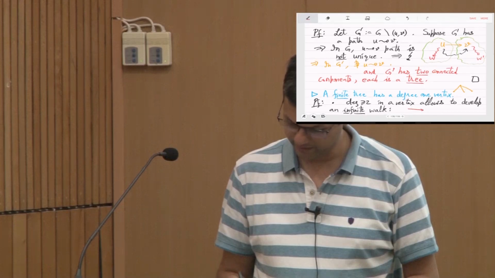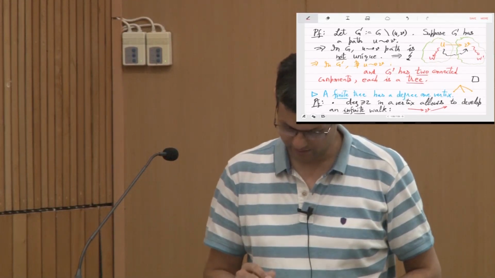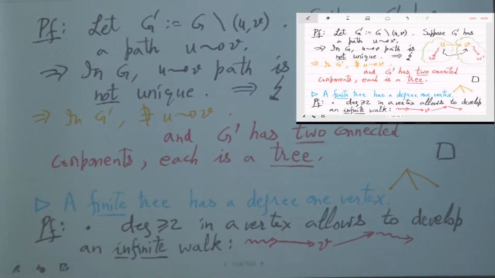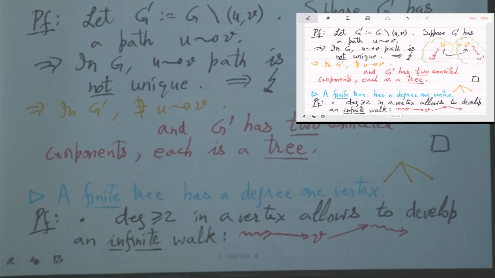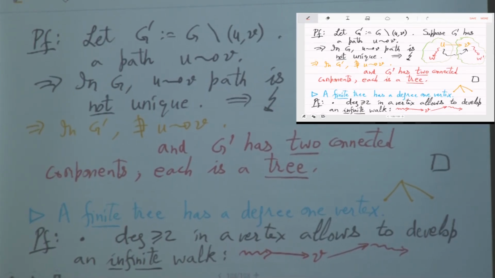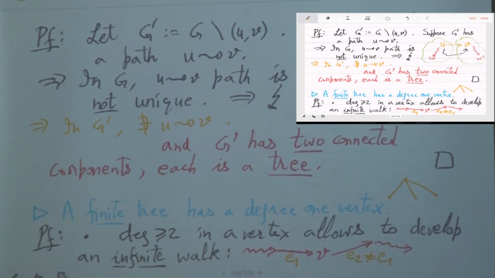So if you are entering vertex V, then take a different edge, and this is how you will develop the path. So these two edges, you keep them different. Okay, so this is what degree 2 or more allows, that wherever you will reach, you will exit by a different edge.